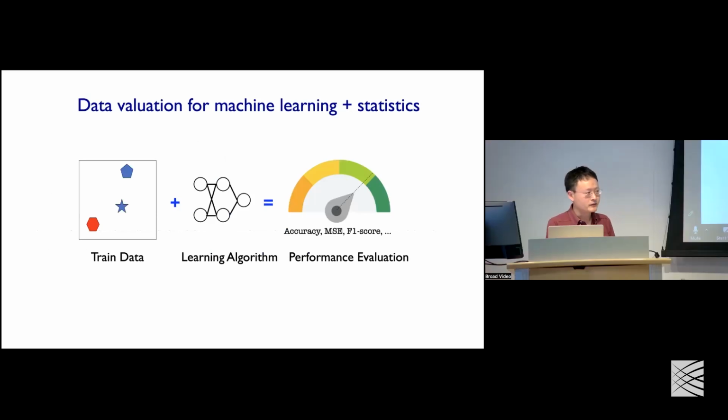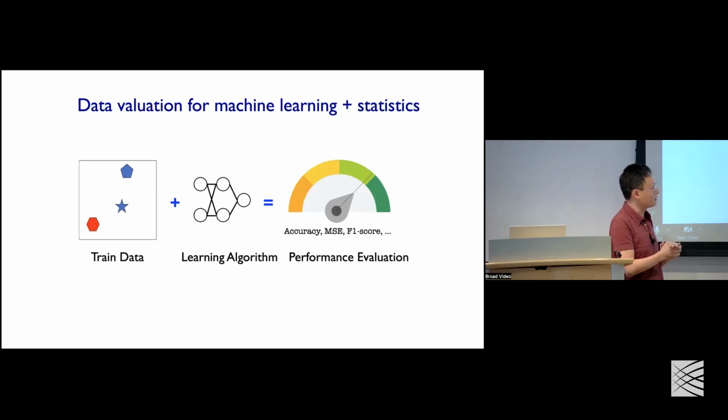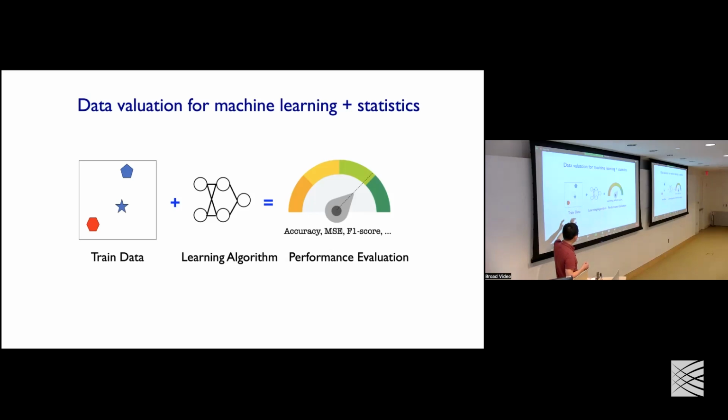So for the data evaluation, taking a step back, here's the mathematical formulation of this problem, which is a pretty general problem. Many times, in computational biology or medicine, we have some data sets which are training data. You have your favorite learning algorithm, which could be as simple as a linear model, or a more complicated neural network.